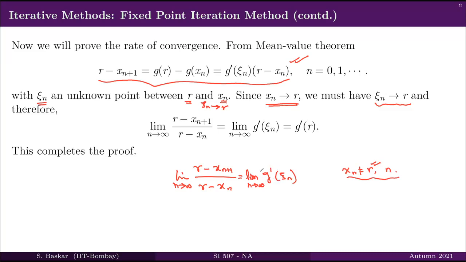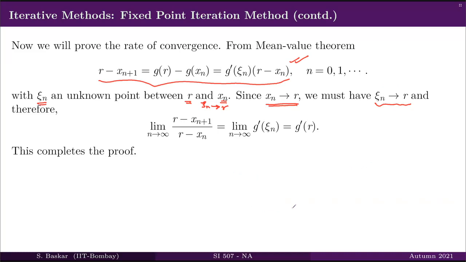And so it's a continuous function and xi n converges to r. Therefore, you will have this to be g dash of r. And that is what we want to also prove in order to get the rate of convergence or order of convergence of the fixed point iteration as at least 1.